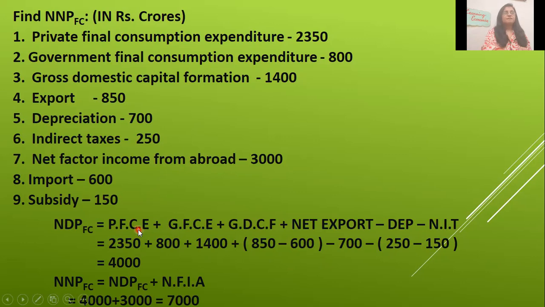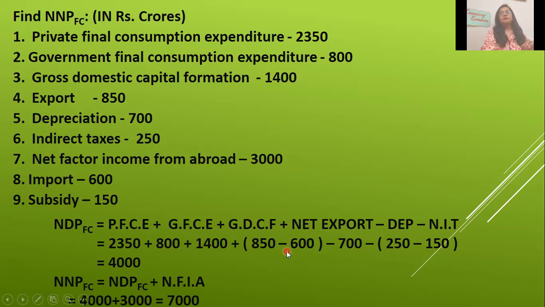Now we have taken simultaneously private final consumption expenditure, government final consumption expenditure, gross domestic capital formation, and because net export was not given, I have taken this in a bracket so that the examiner gets an idea that you have calculated net export. You have to show each and every calculation.